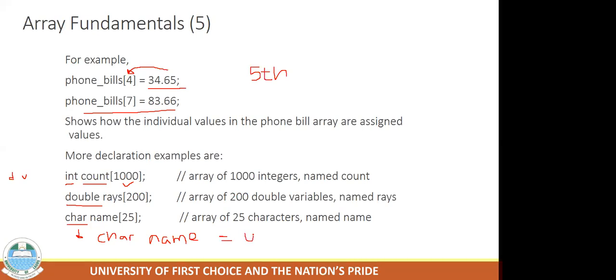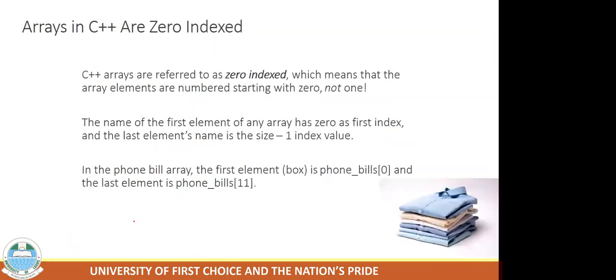Let's say U. You understand? U, V, A. But what if you need to spell University of Lagos? That's not just one character, that's a string, a collection of characters. So then you can use this array, right?